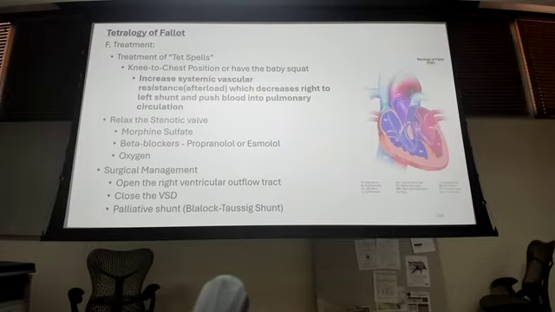And we talked about, as far as treatment goes, one of the things that patients with tetralogy have found is if they squat or bring their knees to their chest, the cyanosis gets better.